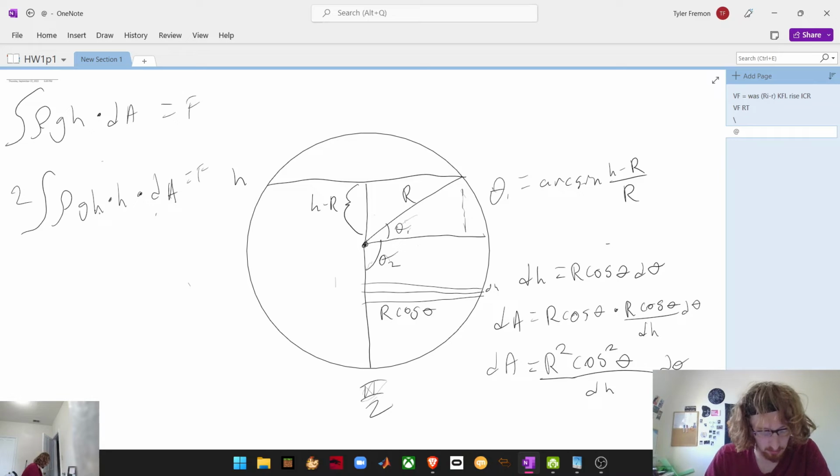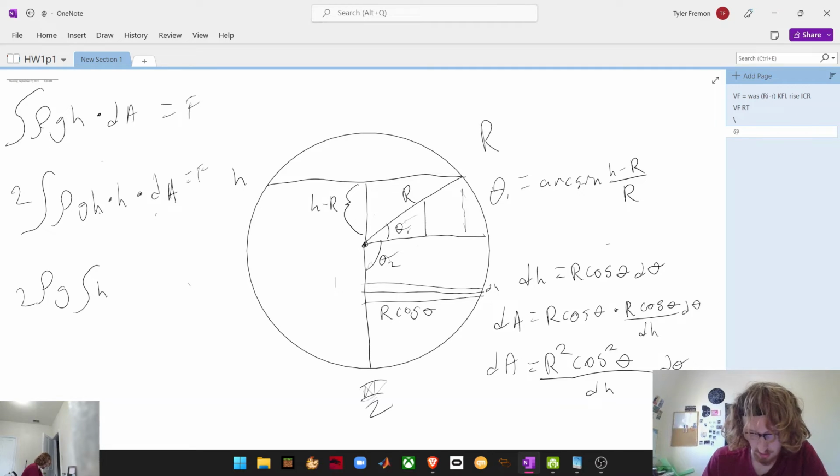If we start here, we can pull out rho g. So we'll have 2 rho g, and then the integral of h. And real quick, we can re-express h as r plus r sine theta. If you look at this little triangle here, it's pretty simple.